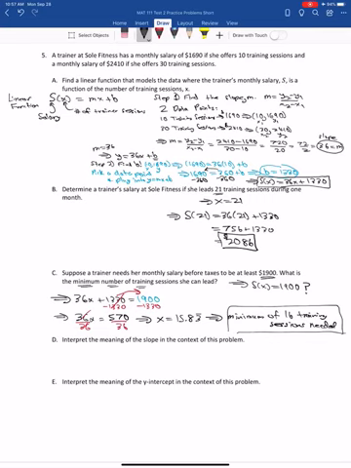Last part is just to define our linear model, talk about what everything means in the function. So determine the meaning of slope in the context of this problem. Well, that slope is your rate of change. So our salary increases. So a trainer's monthly salary increases by $36 per training session.